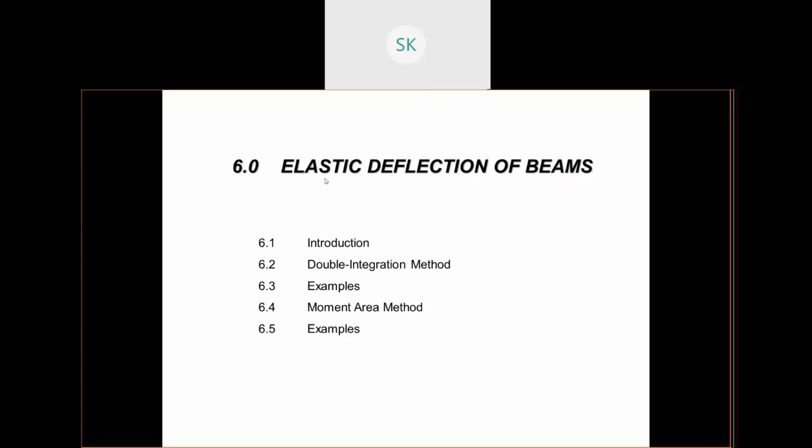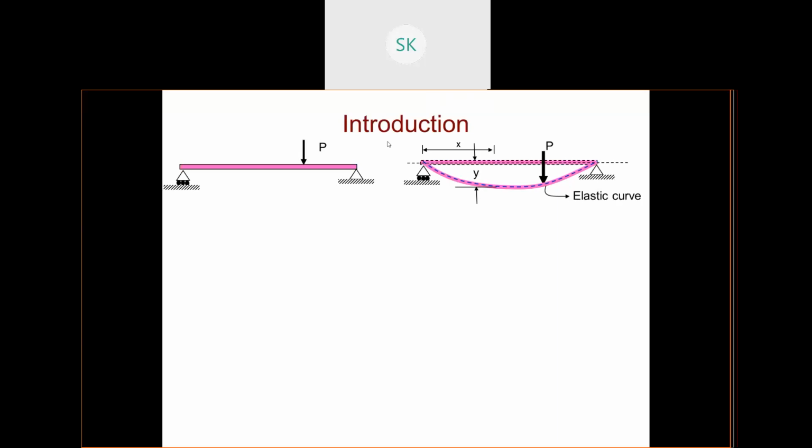So basically, deflection of beam. What is deflection of beam? This is your simply supported beam, right? This beam has been loaded. When a load comes to a beam, it will deflect. But in your general structure, the beam should not be deflected. This beam should be able to carry this load.